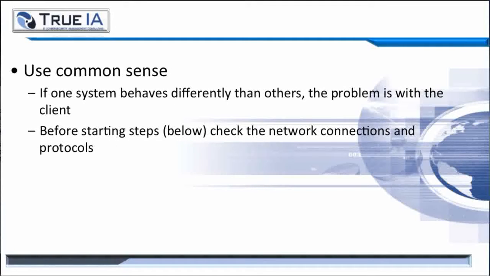When troubleshooting, it really all does start with common sense. If one system behaves differently than others, the problem is with the system, not with the underlying network. So before starting any of the troubleshooting steps that we're going to talk about, you should check the network connections first.